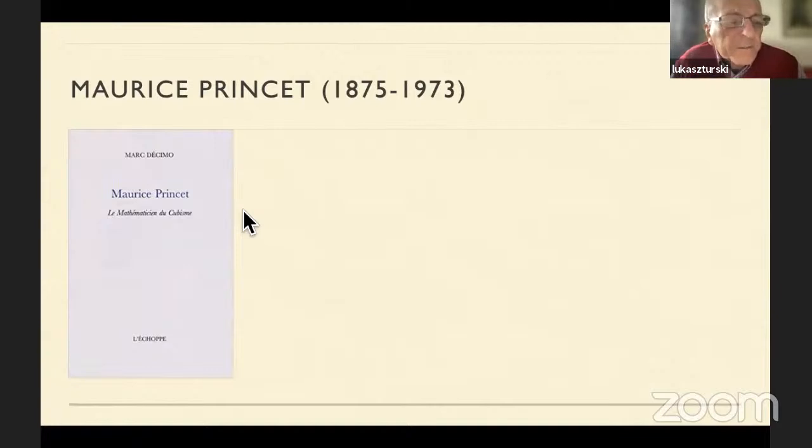In the 60s, a certain gentleman, Marc Décimo, had written a book, Maurice Princet, and as you can read, it's subtitled A Mathematician of Cubism. That was true. Princet had a partner, and that lady had been working as a model for painters associated with Bateau Lavoir. So Maurice Princet was joining the evening's discussion there.